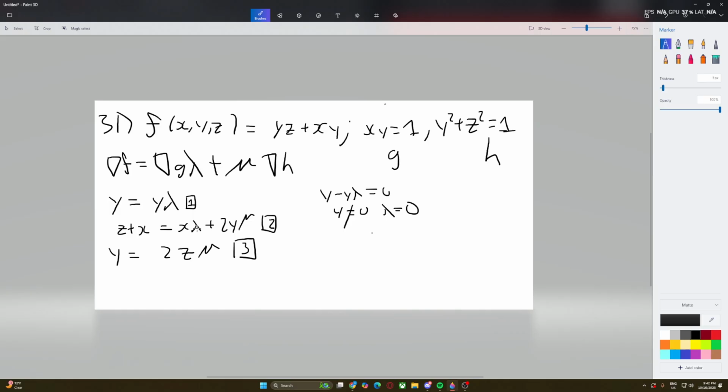If we just put it here, we can have z plus x equals 2y mu. Wait, no, I'm so dumb. This should be lambda equals 1.